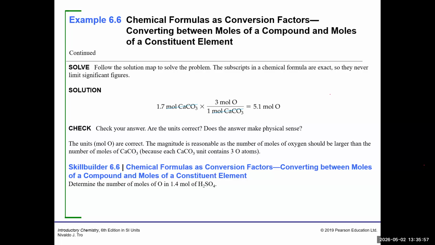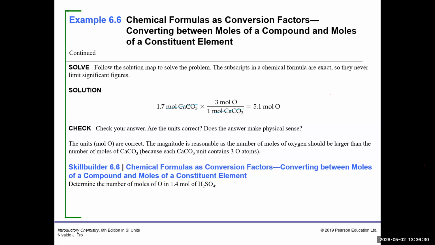So I got 5.6. Okay, Alex has 5.6. Does anybody else get something else from what Alex had? Anybody else? So 5.6 moles.